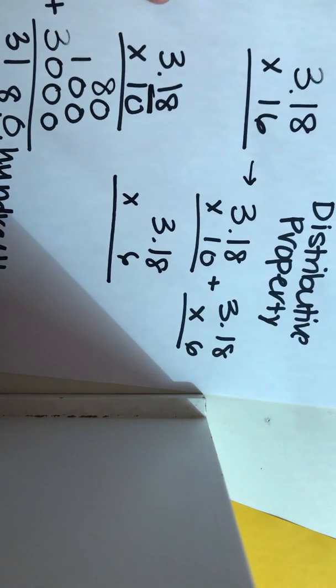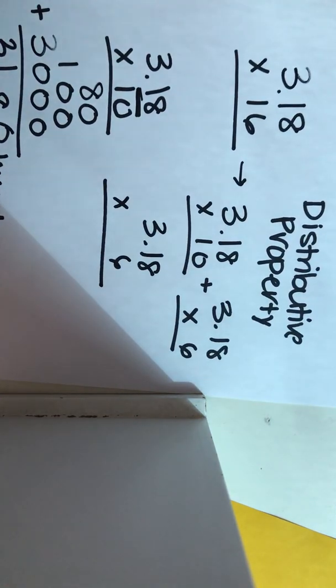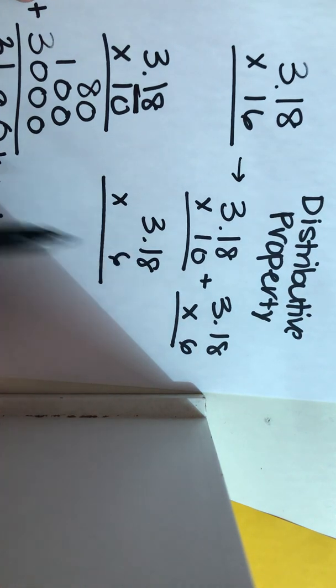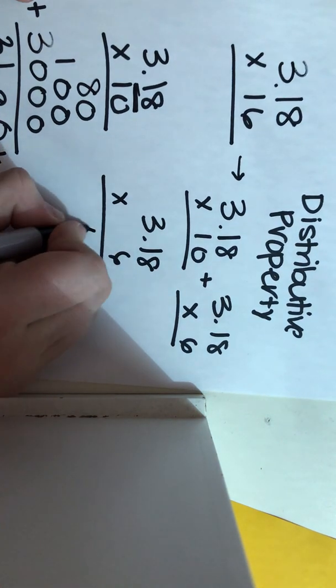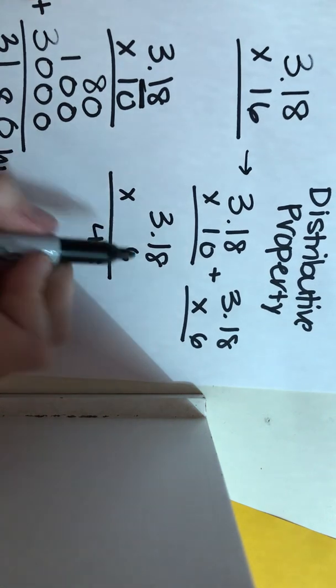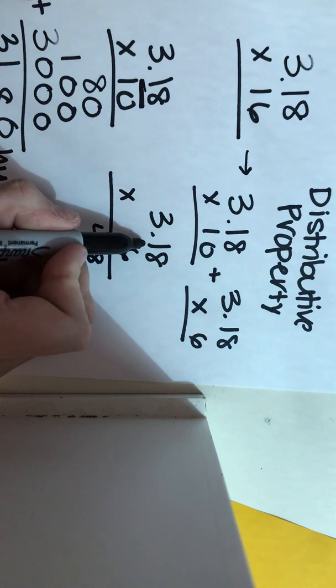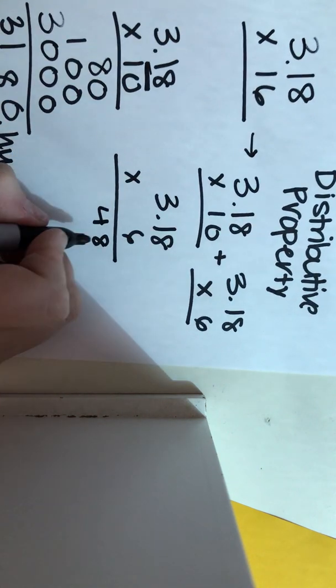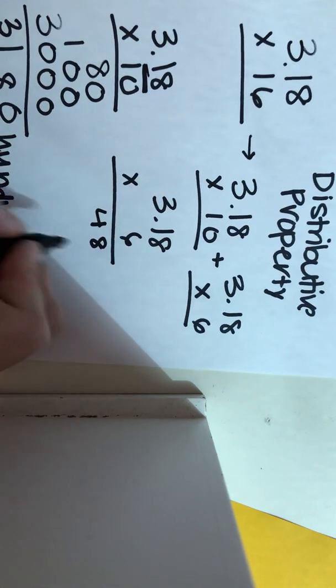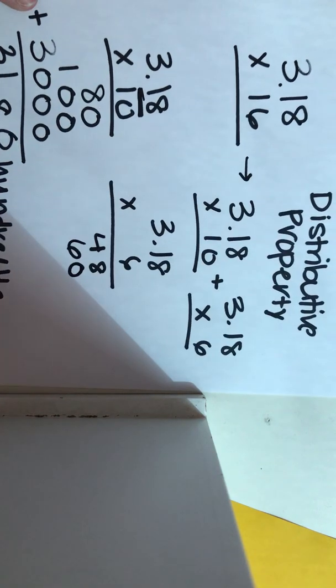Next, I want to do 3 and 18 hundredths times 6. Now, similar to what we just did with the partial products is what we'll be doing here as well. We take the 6 and we multiply it by the 8 hundredths, which gives us 48. 6 ones times 10 hundredths, or 1/10, would give us 6 tenths, or 60 hundredths.